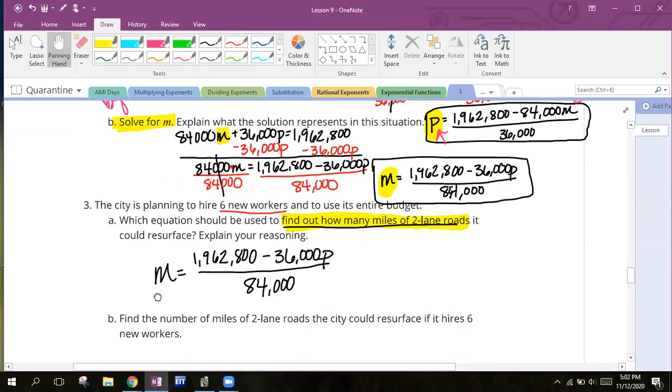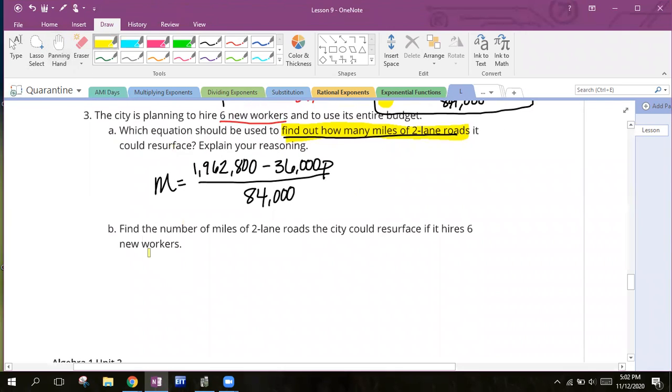All right. So then the last question says, find the number of miles of two-lane road. So we are trying to find M, that the city could resurface if it hires 6 new workers. Well, we know that new workers is used for the variable P, and they told us they're going to hire 6. So I have a variable, I have an equation.